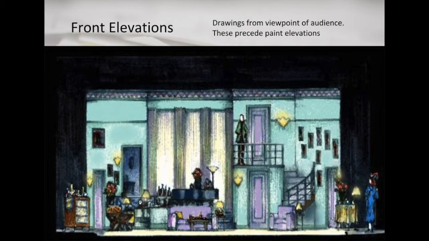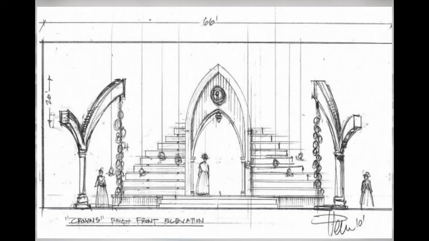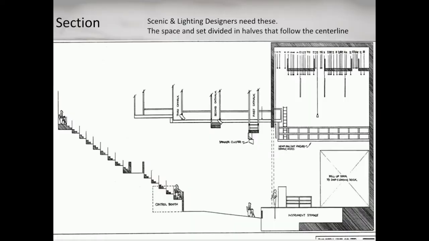We have the front elevations, which are drawings from the viewpoint of the audience. These precede paint elevations. So you get a good look at everything, and see how things should look from the audience's point of view. You have a section. Scenic and lighting designers need these. The space and set are divided into halves that follow the center line.